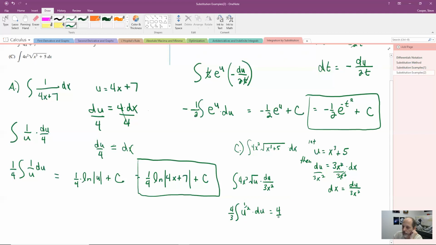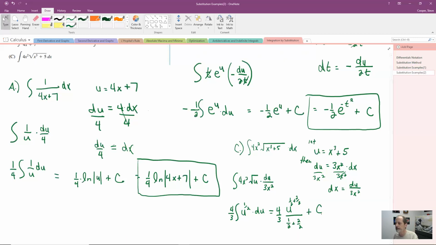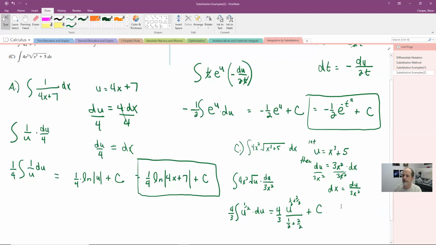Okay, so my integral of 4 is 4/3 constant times u to the 1/2 plus 1 over 1/2 plus 1 plus c. So that equals 4/3 u to the 3/2 over 3/2 plus c.